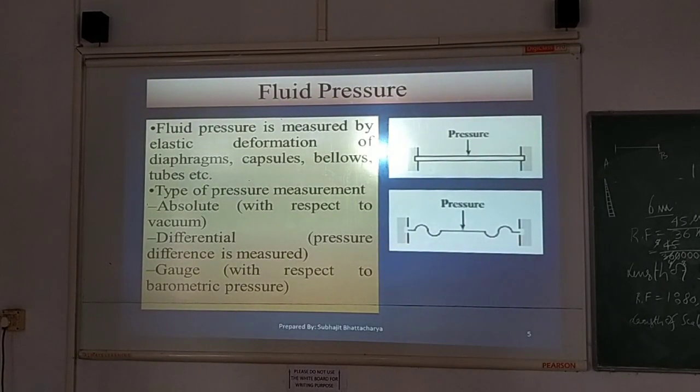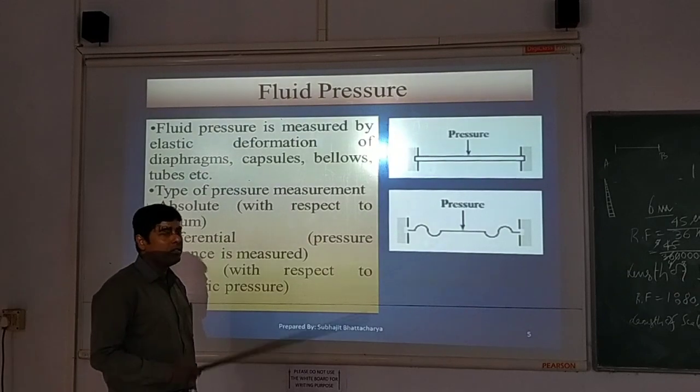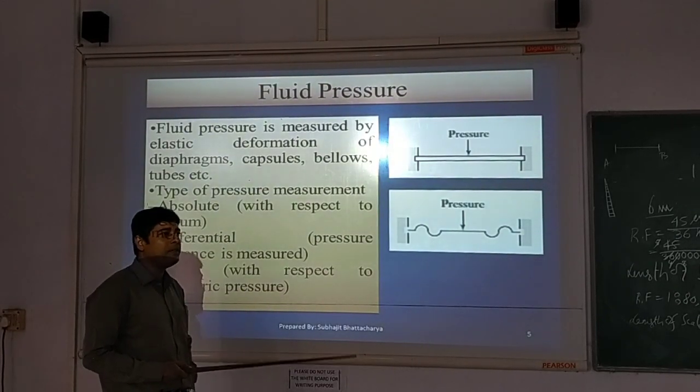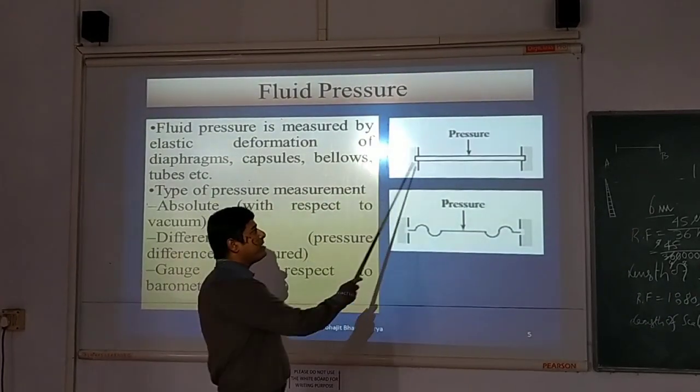Pressure sensors. Similarly, strain gauges can be utilized for pressure. The out of balance voltage can be calibrated against the pressure. However, the gauges are to be attached on a diaphragm.